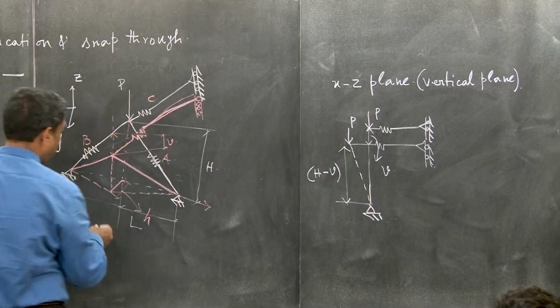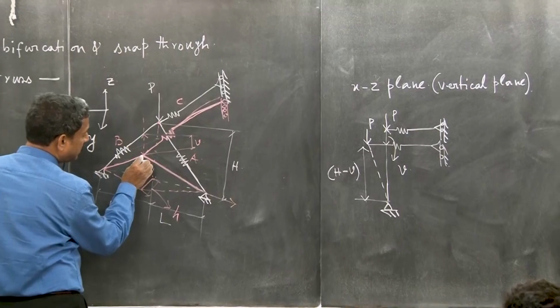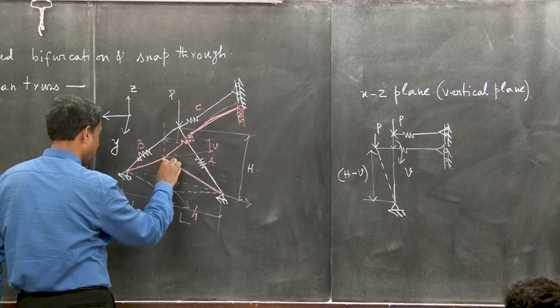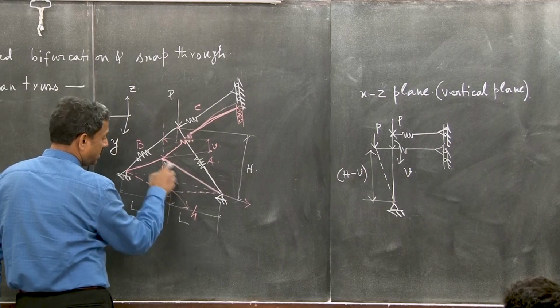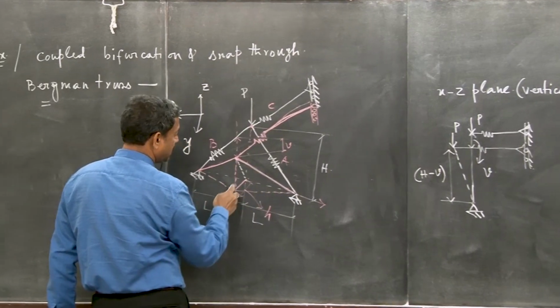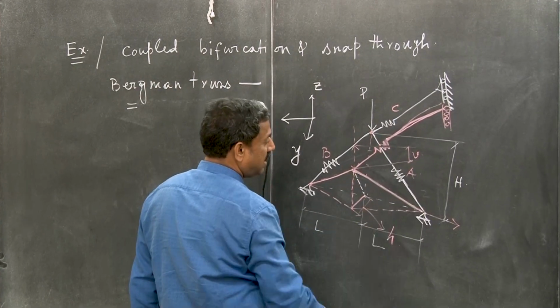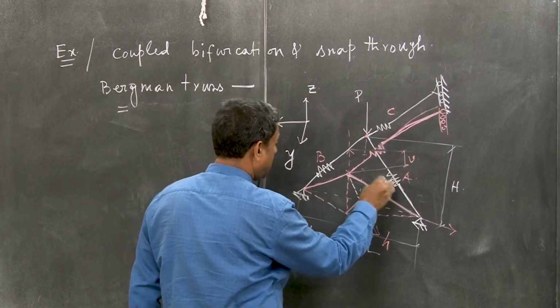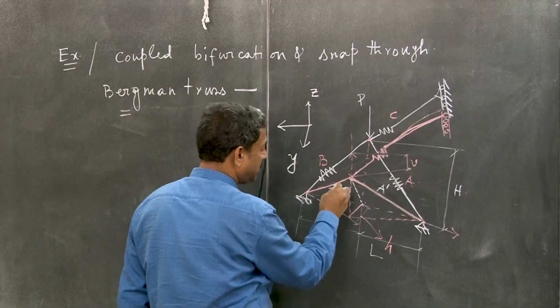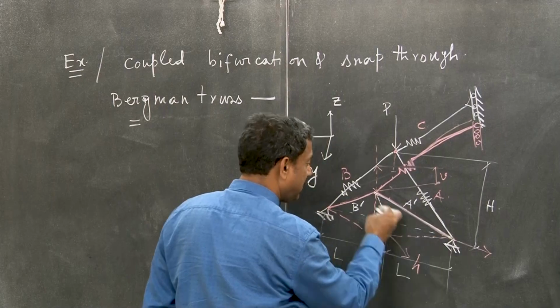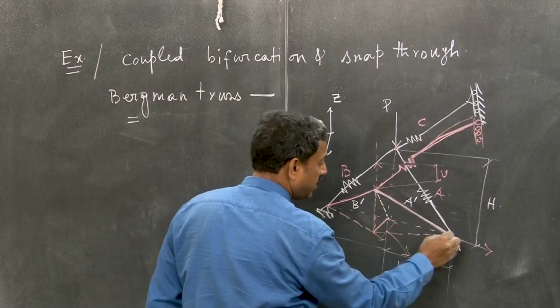Because then we have to find out this length ultimately. It will be nothing but this square plus this square. So A is coming to A dot and B is coming to B dot. So this length is the square of this plus the square of this.